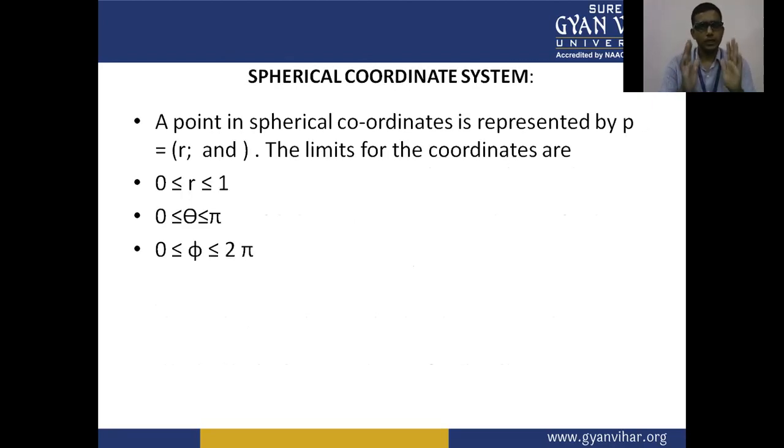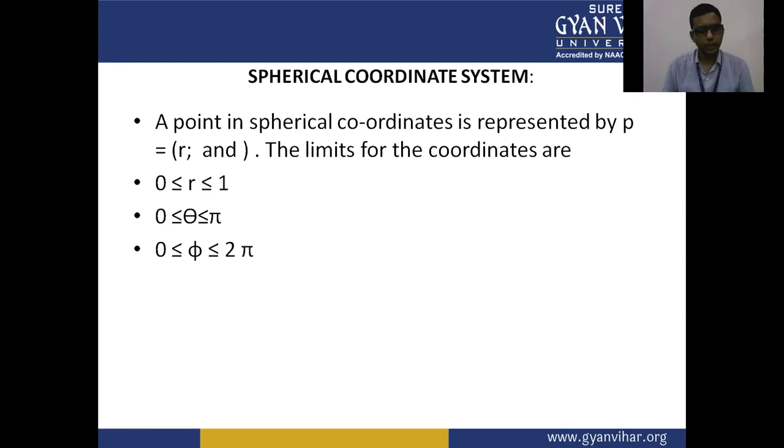The point in the spherical coordinate system is represented by P equal to (r, theta, phi), and the limits for the coordinates are as follows. r varies from 0 to infinity; the lower limit of r is 0. Next is the angle theta.